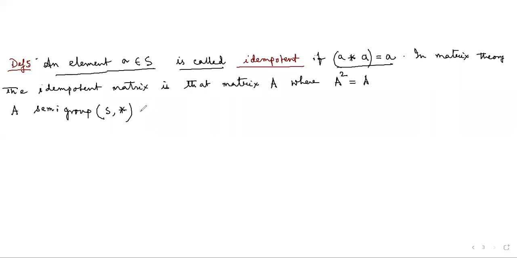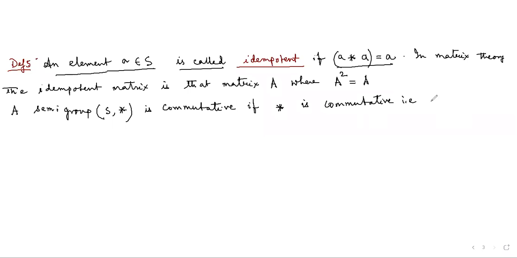A semi-group S star is commutative if the binary operation star is commutative.